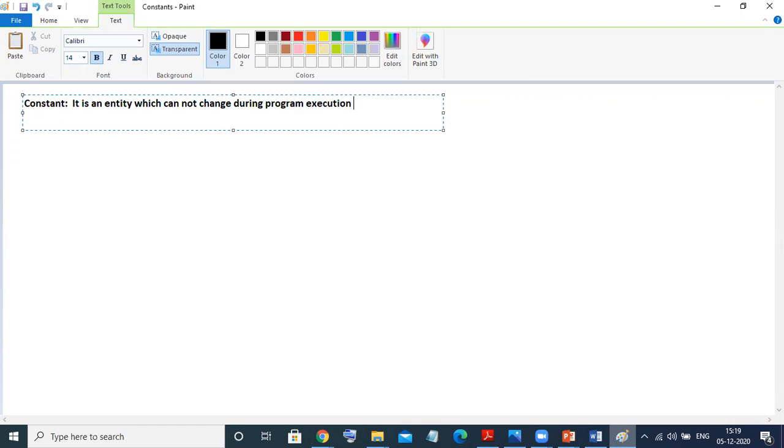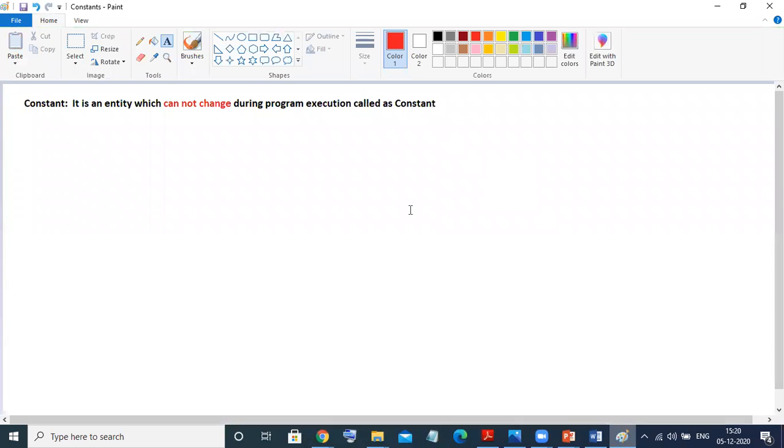Exactly opposite to your variable. A variable is an entity which can be changed during program execution, but here it is an entity which cannot change during program execution. It's called as what? Constant.